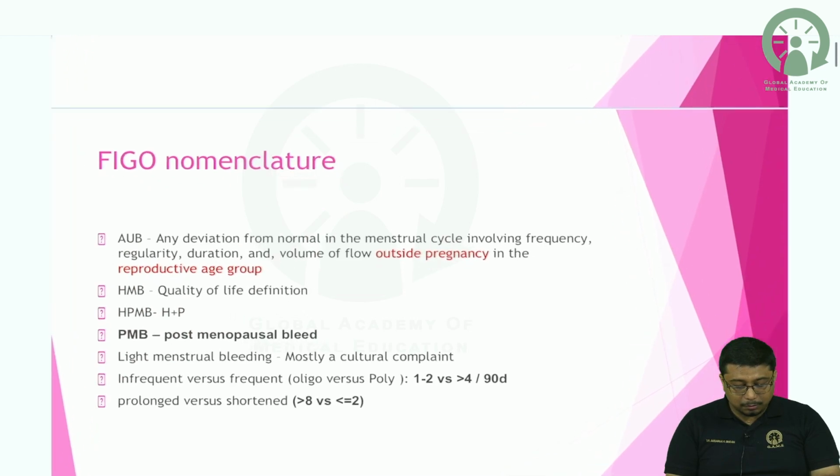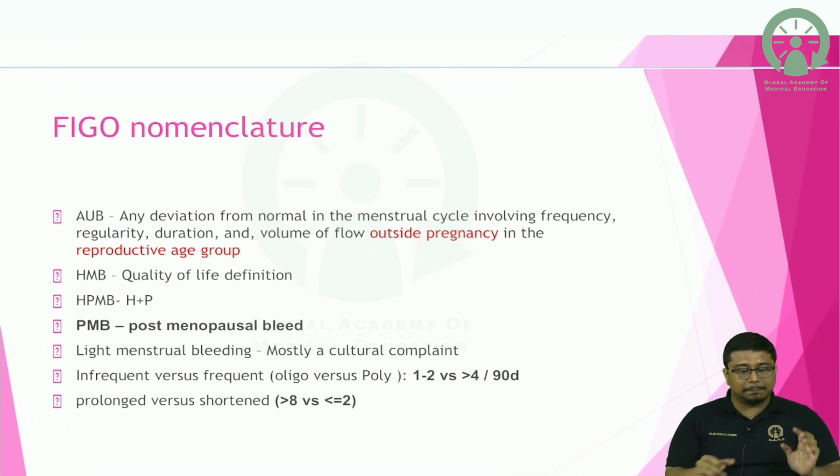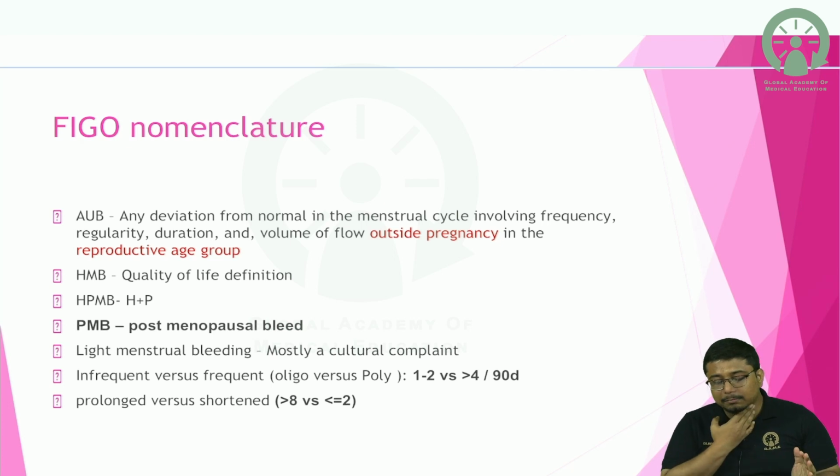There is a FIGO nomenclature. Previously there were terms like metrorrhagia, menorrhagia. Menorrhagia was more than 7 days of bleeding or more than 80 ml per bleeding in a cycle. Now FIGO has removed all those terms and put simple terms like HMB. HMB is heavy menstrual bleeding.